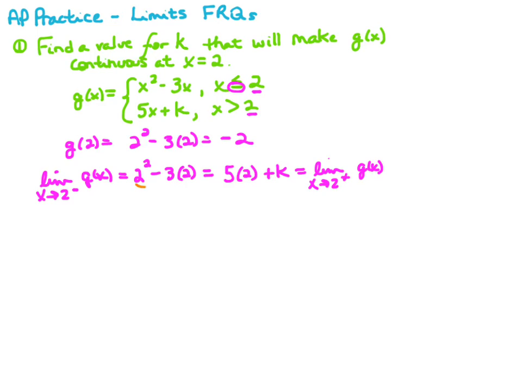So I have this equation here in the middle, and notice k is my only variable, and so I can solve for k. Negative 2 is equal to 10 plus k, and k equals negative 12. And that's our answer. If k is equal to negative 12, then g will be a continuous function.